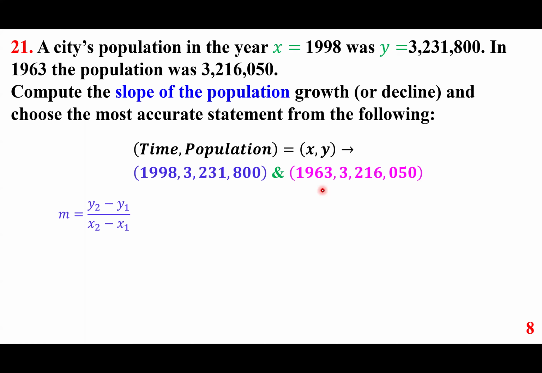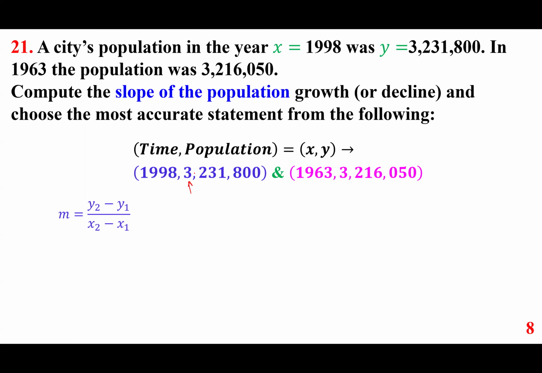So in this case, let me just fix this number. I put it wrong. Yeah, I have it. That's right.